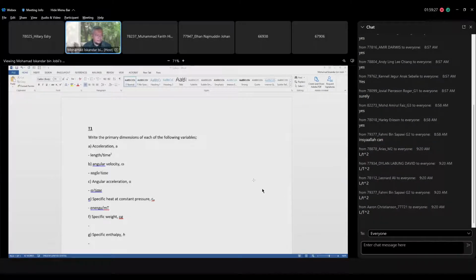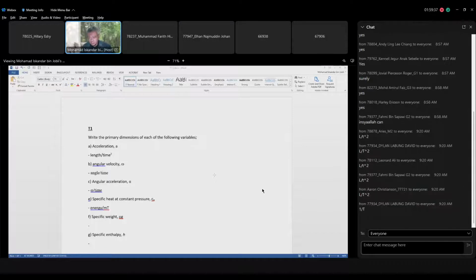What about B, the angular velocity? 1 over T. Okay, angular velocity is 1 over T. How about angular acceleration? 1 over T squared.